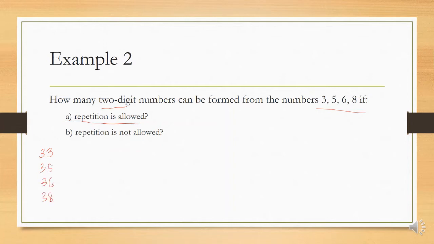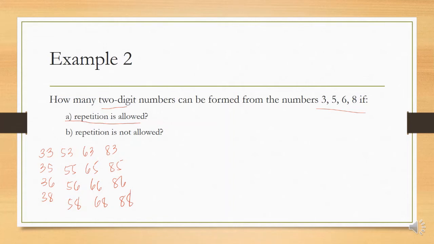Yan yung mga possible pag 3 ang umpisa. So, kung 5 naman, 5, 3 tayo, 5, 5, because repetition is allowed, 5, 6, 5, 8, 6, 3, 6, 5, 6, 6, 6, 8. And the last one, 8, 3, 8, 5, 86, and 88.